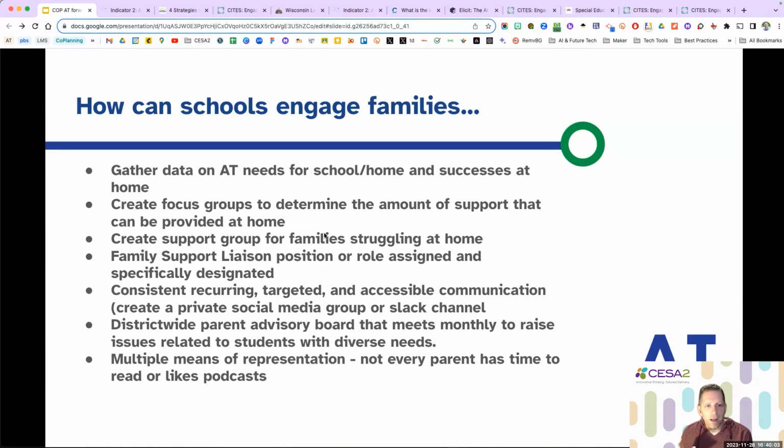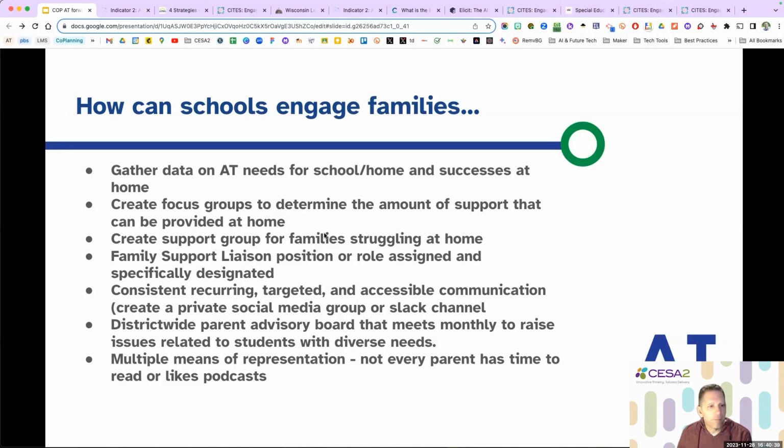So we talk about consistent, recurring, targeted, accessible communication, not just a blanket email that goes out to the entire school community, because then it gets lost in the shuffle, but an AT group communication that is monthly or bi-monthly, maybe a private social media group or a Slack channel that really keeps that line of communication open, right?